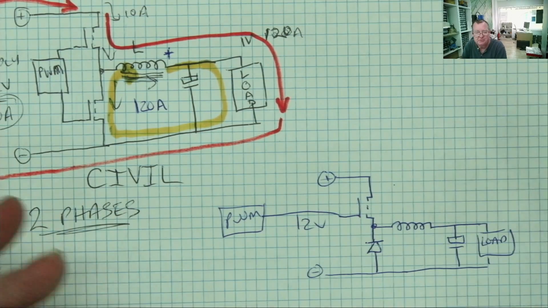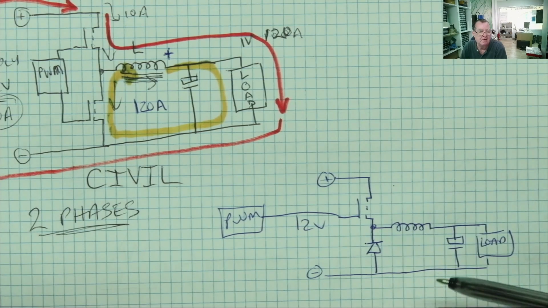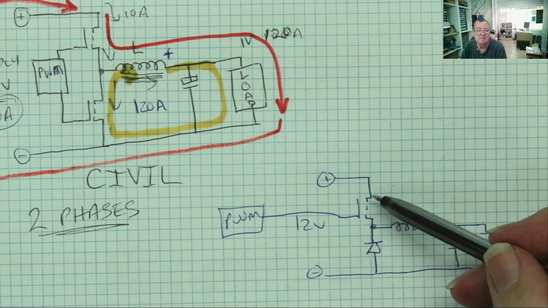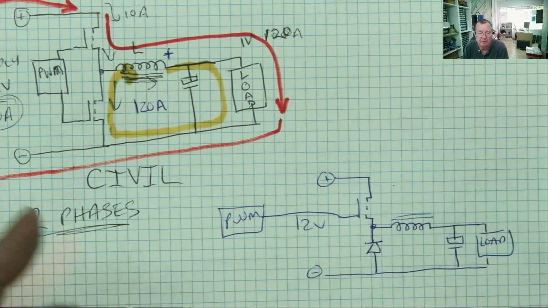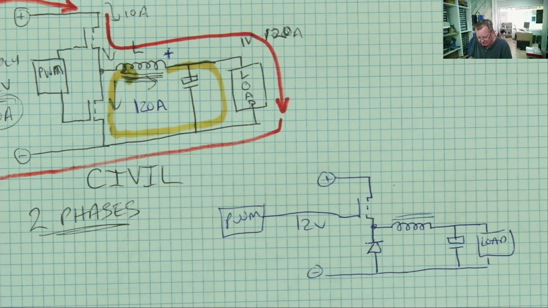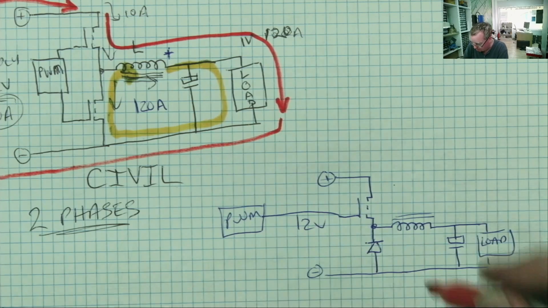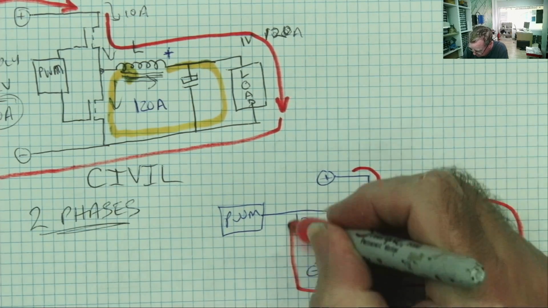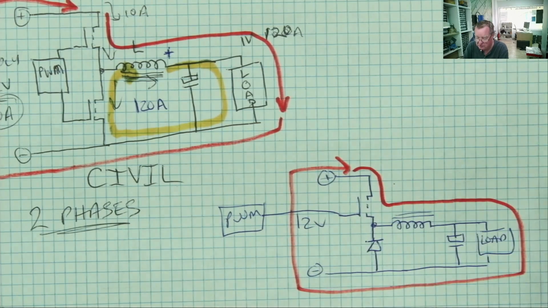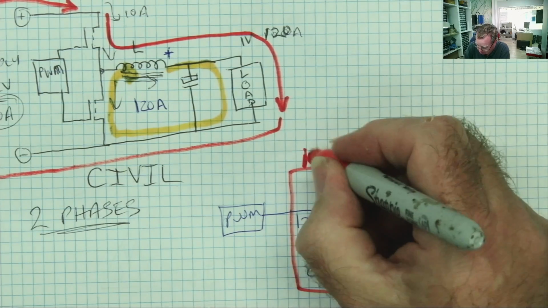In this circuit, we only have one MOSFET. It does the same. This either switches on to magnetize the coil or switches off to stop magnetizing the coil. We still have two circuits. So we still have the charging circuit, if you like, what we call our 10 amp circuit.